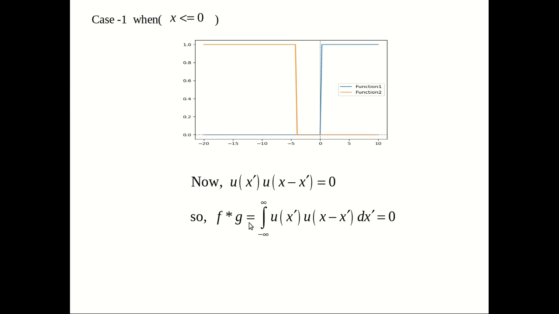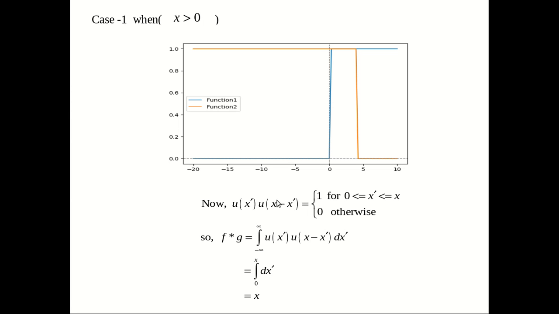Now what happens when x is greater than 0? For x greater than 0, this saffron color curve is for u(x minus x'), and the blue colored graph is for u(x'). Now when x' is in between 0 and x, it is clear that the two functions have assumed the same value plus 1, so the product will be 1.